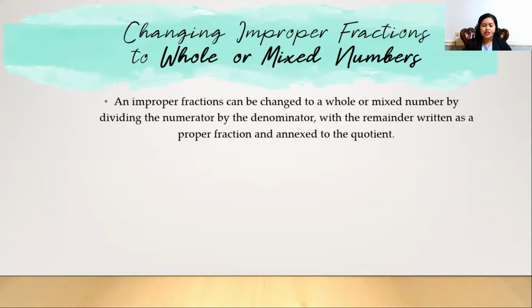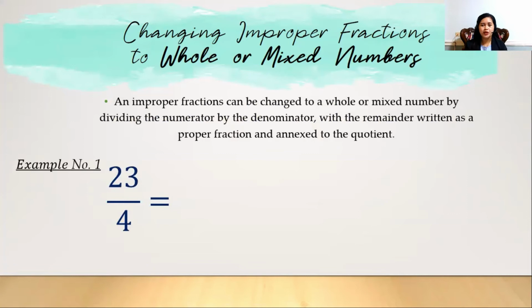An improper fraction can be changed to a whole number or a mixed number by simply dividing the numerator by the denominator. If it has a remainder, you write the remainder as the proper fraction and annex it to the quotient. For you to understand, let's have an example.